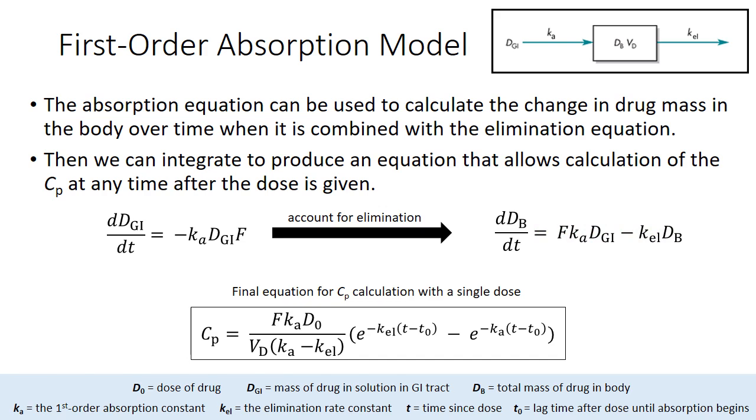Again, if you integrate and combine all that, what you get for the final calculation is, and I don't expect anyone to be able to jump from this equation to the final equation. I don't expect you to derive equations in this course.